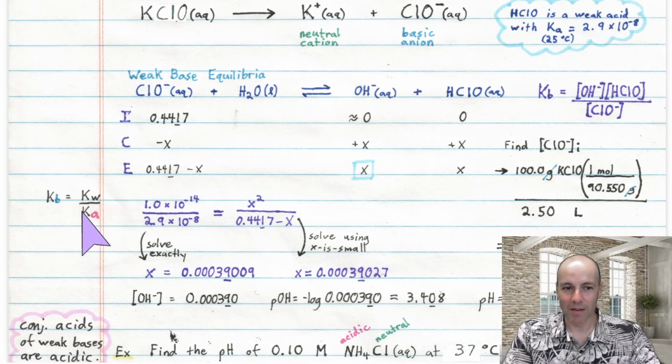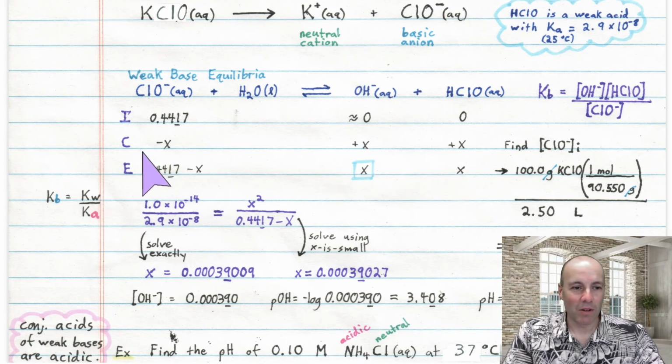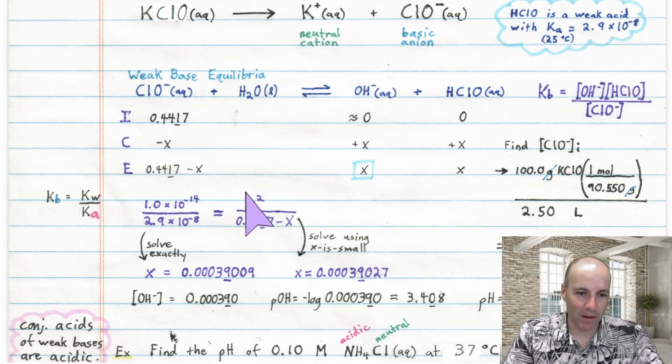So to put this all together, we plug in these equilibrium concentrations into the expression, and that's what we have right here. And then Kw over Ka is right there. So that's your Kb.